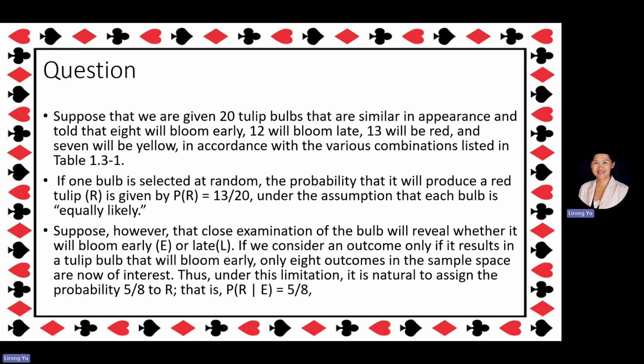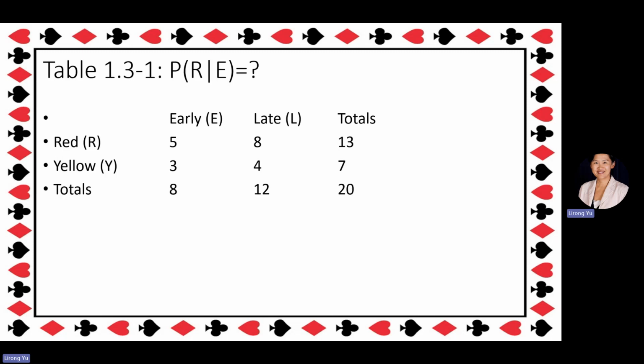First example. So this is all we were talking about. The calculation for probability of R given early is 5 over 8. We have probability of R is 13 over 20. Let me try to summarize what's going on. You can see this is a verbal description of what happened. Obviously the table itself conveys more information in a more concise way.